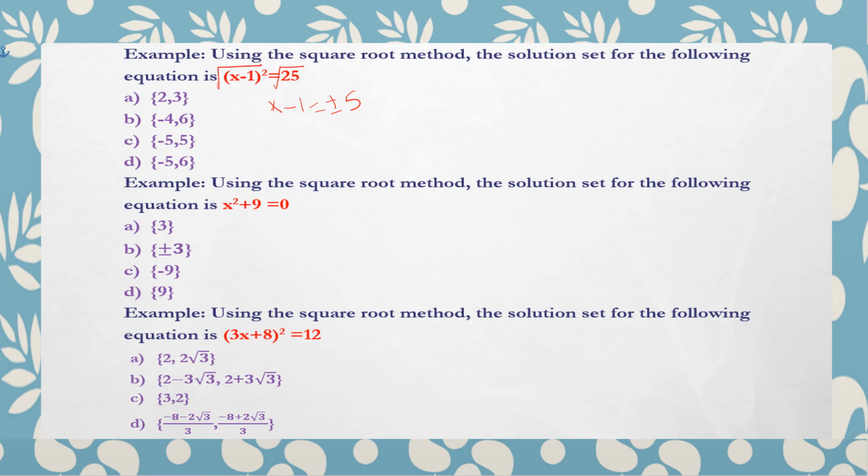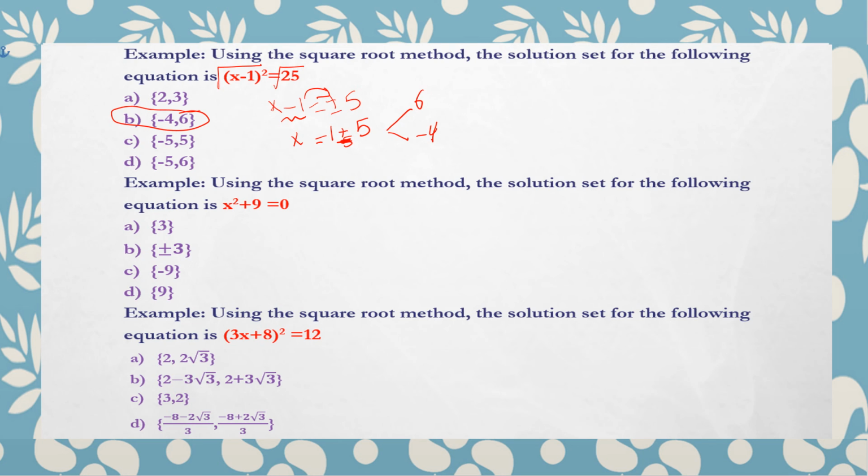And by taking minus 1 to the other side, we get x equals 1 plus or minus 5. And this gives us the solution set of 1 plus 5, which is 6, and 1 minus 5, which is minus 4. And the solution set is minus 4 and 6, and the correct answer is B.